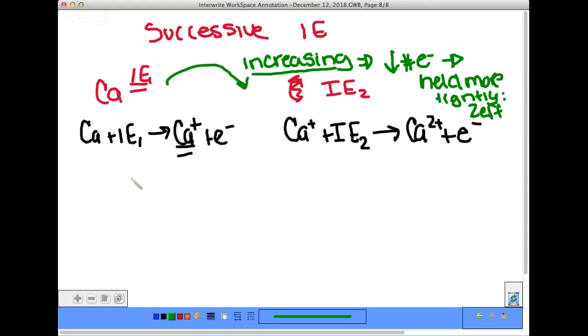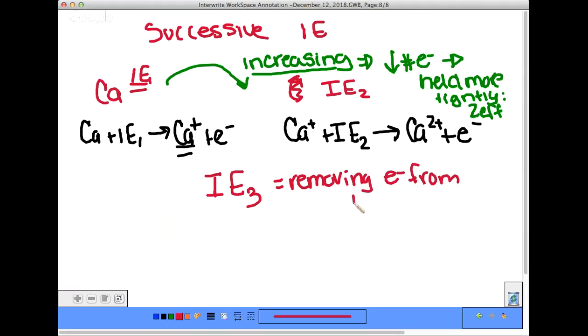Now, removing that last electron, looking at ionization energy number 3, we're removing an electron from a noble gas configuration. And that's going to take a lot more energy.